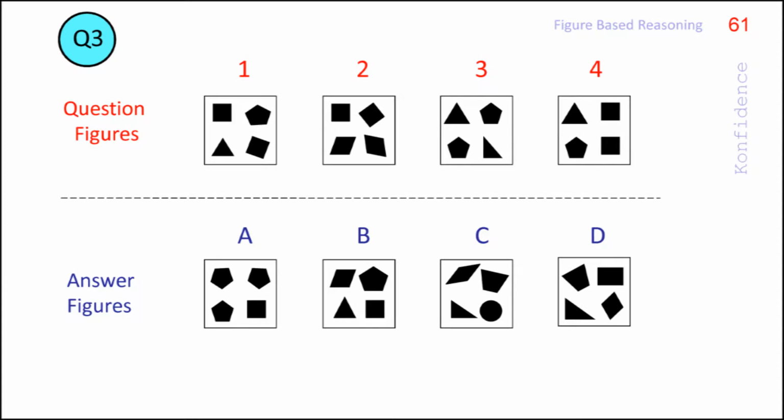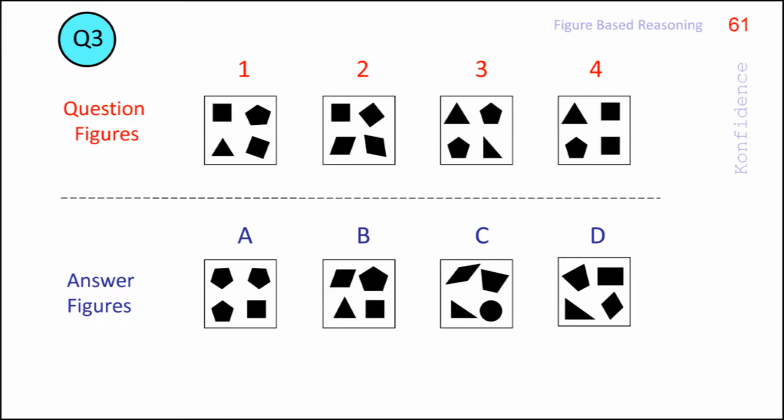In the third question, it is all about counting again. In all the pictures, there are 4 geometric figures, and all of them have a certain number of sides. It is about counting the number of sides in each figure and adding them up.